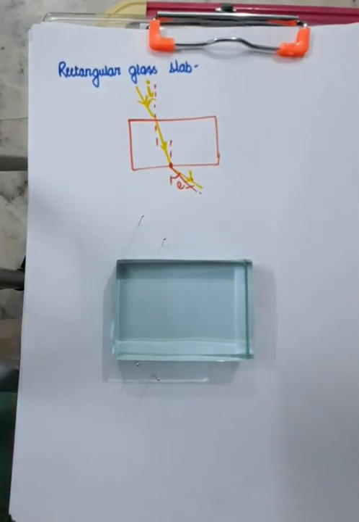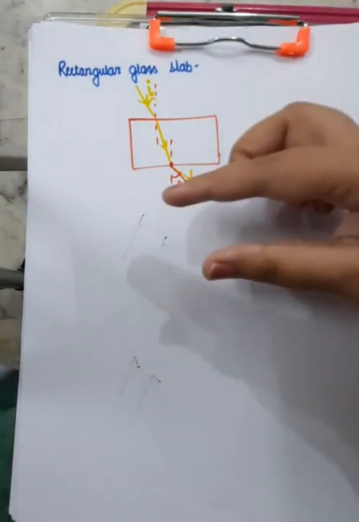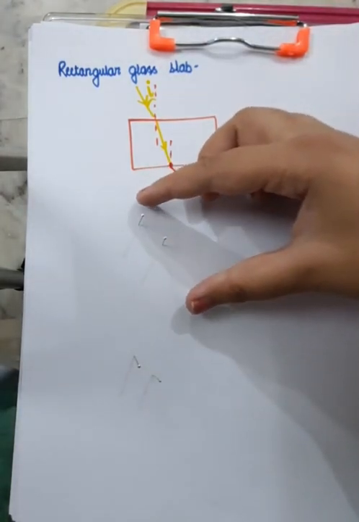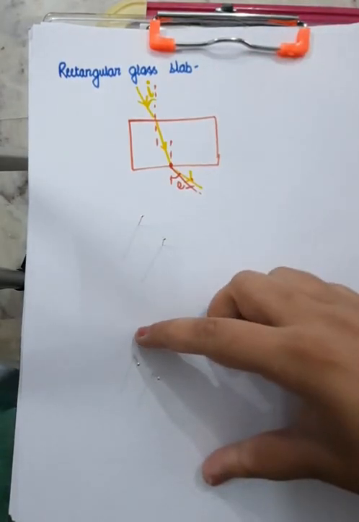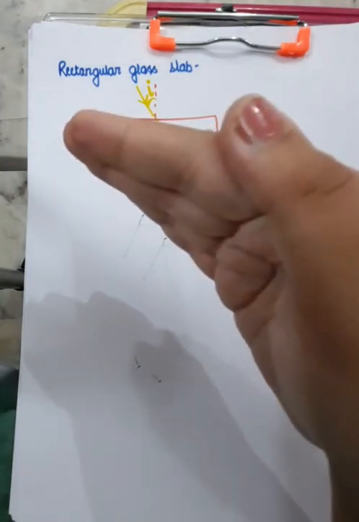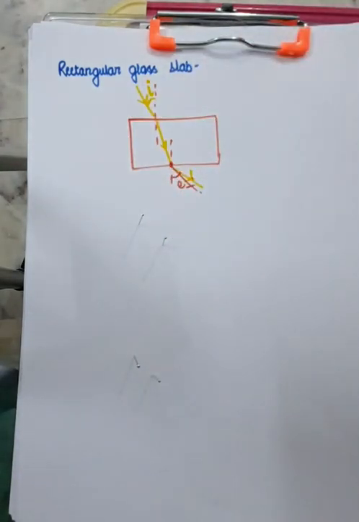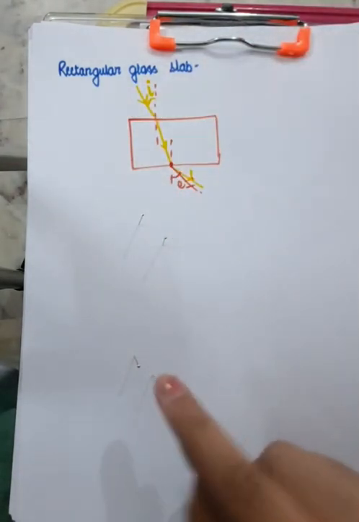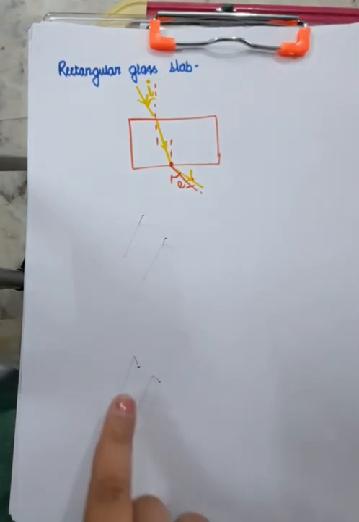So this is the experiment that I've done. You can see that this was the incident light ray and this is the emergent light ray. Because you chose this light ray as the incident one, but then you saw the light ray from the second face of the rectangular glass slab.